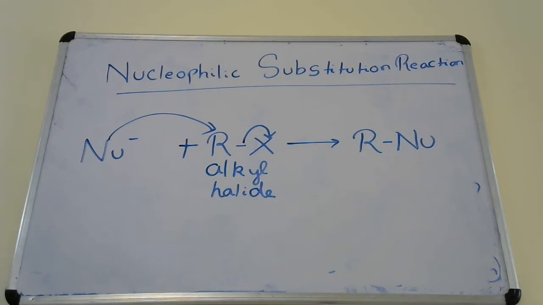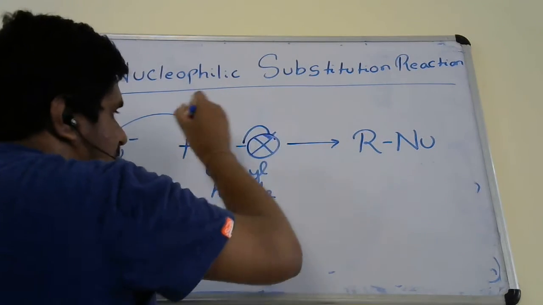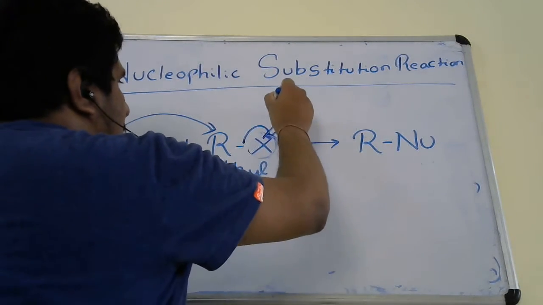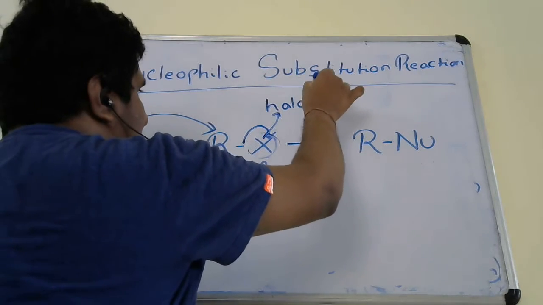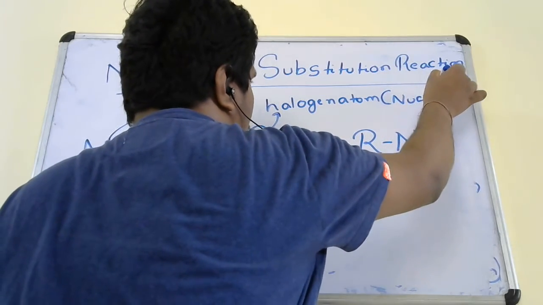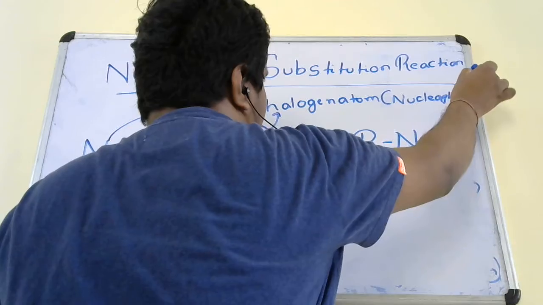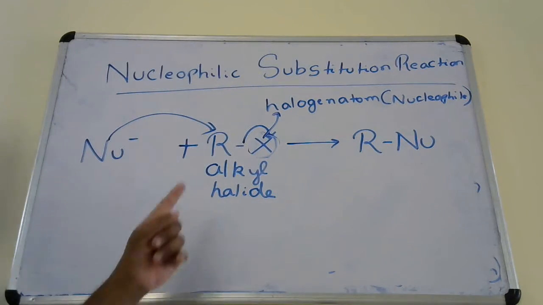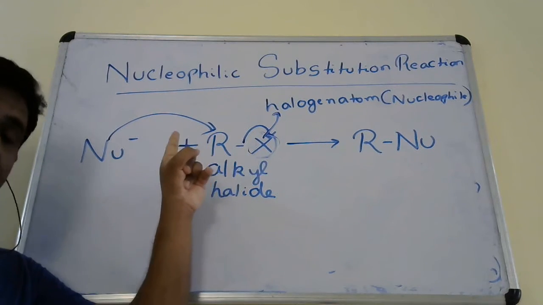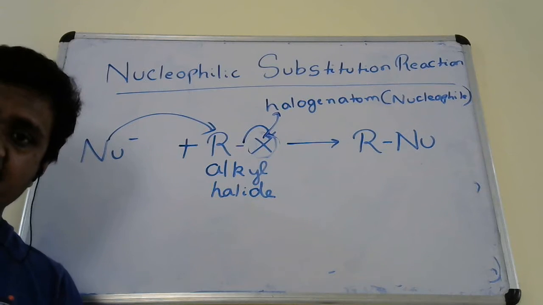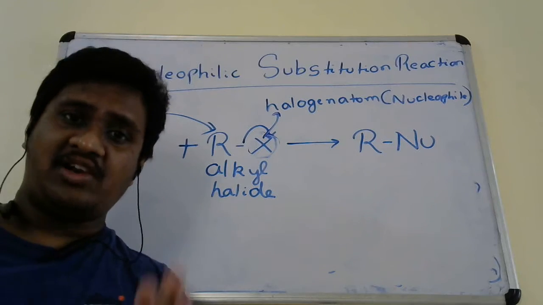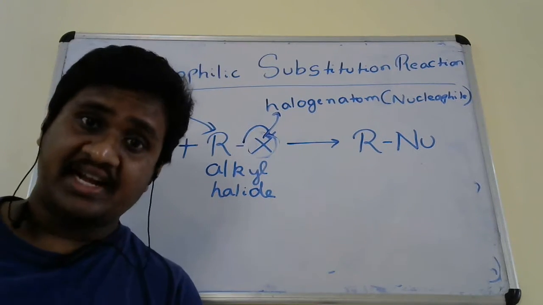Now the halogen atom attached to the alkyl group in the alkyl halide is also a nucleophile. Why? Because you know halogens are electronegative.